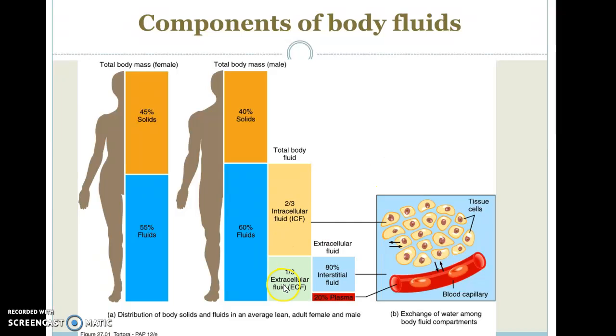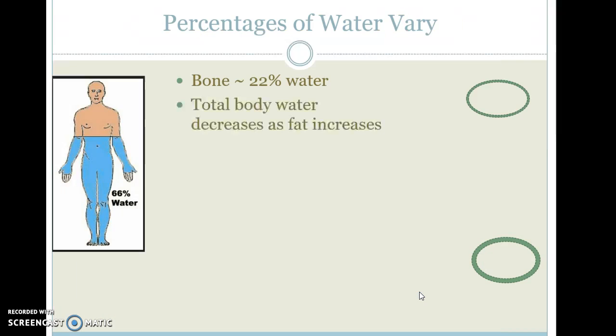Where is all the water? Well, about 2/3 of the water is intracellular, inside the cell, and 1/3 is outside in the tissues. So if you think of the cells, the cytoplasm, all the components inside the cell, a large amount of water is in each cell. So that's where most of it is located. And then where is it in our body?